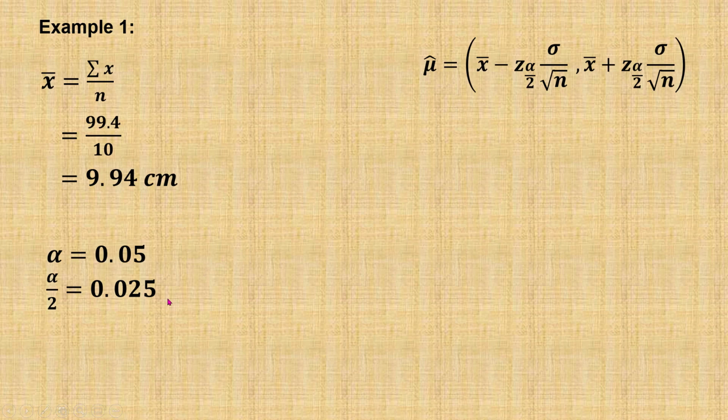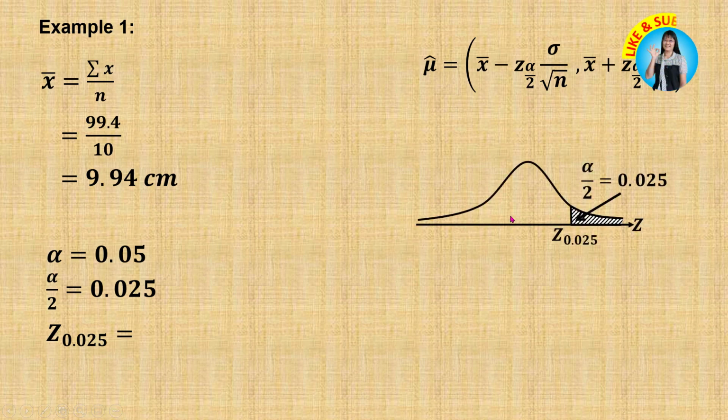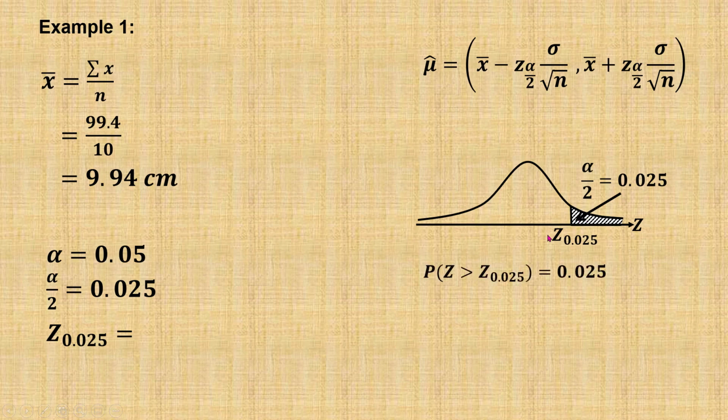Now we are going to find the value of Z under alpha over 2, 0.025. When we look at this diagram, 0.025 is the probability of this shaded region. So the probability of Z greater than this value is equal to 0.025.